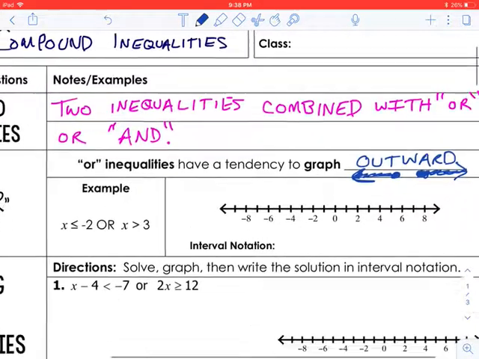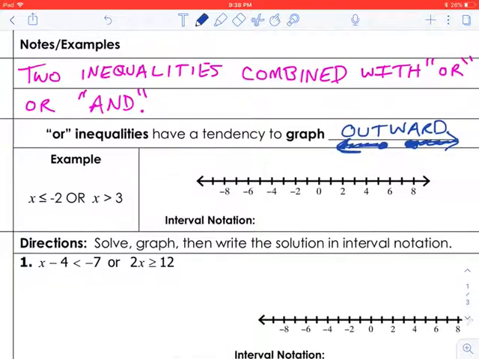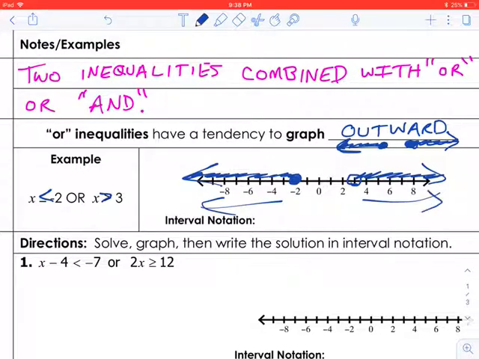All right, so when it says, for example, x is less than or equal to -2, I've got a solid point on -2, and it's pointing to the left, so I graph to the left. And then x greater than 3, that's an open circle on 3, and it's pointing to the right, so I'm graphing to the right. And so as you can see, they're going outward. Okay, that's what it meant by that.